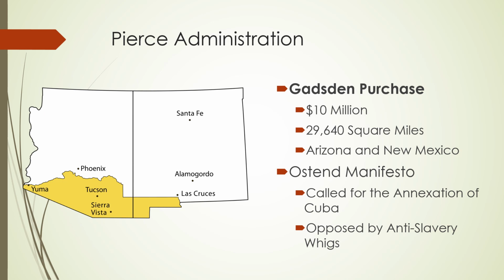Right, so the Gadsden Purchase. This is basically the U.S. is going to buy what you see on the map there in yellow. The U.S. is going to buy that from Mexico for $10 million. So 29.5 million square miles, parts of Arizona, New Mexico.